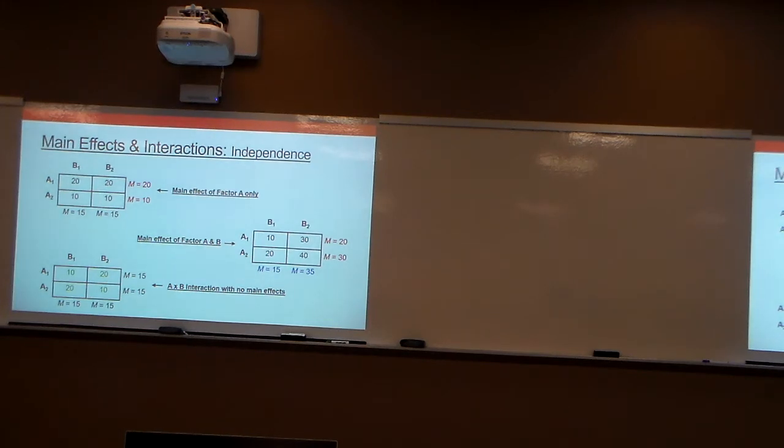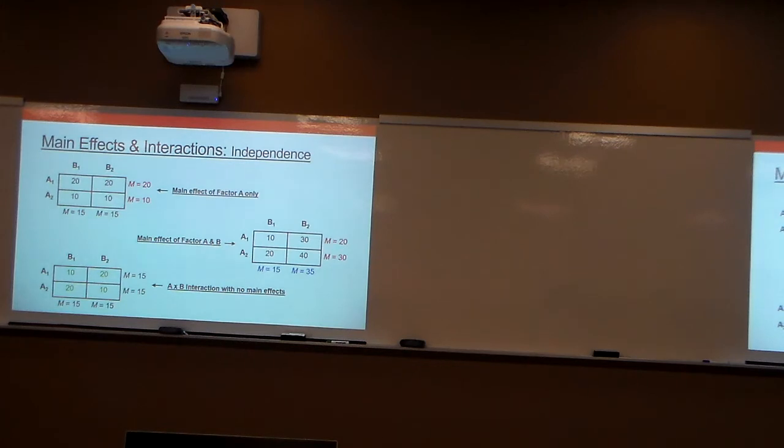Here we have an interaction with no main effects, right? If I look at the difference between A1 and A2 collapsing across B, 15 and 15, there's no difference there. We look at differences in B collapsing across A, 15 and 15. We don't have anything going on here, right? But if we look at our cells, we see something very different going on, right?